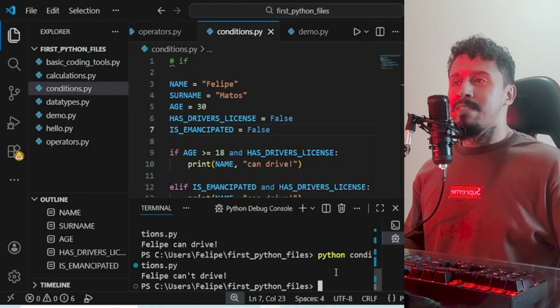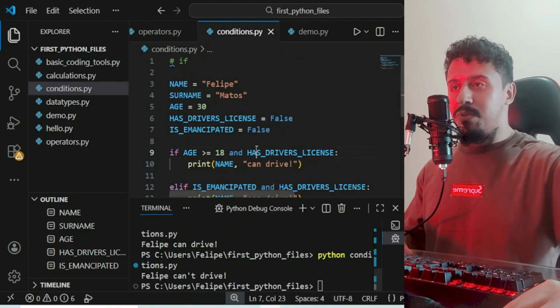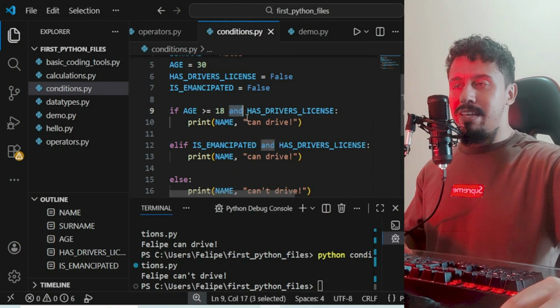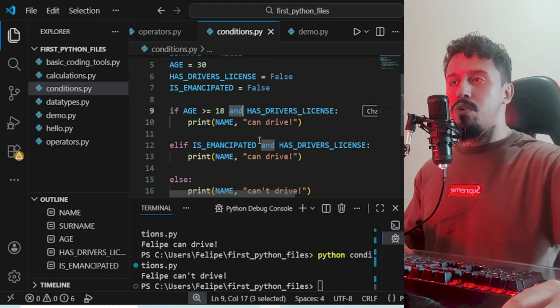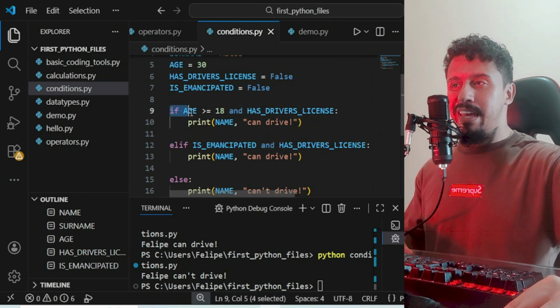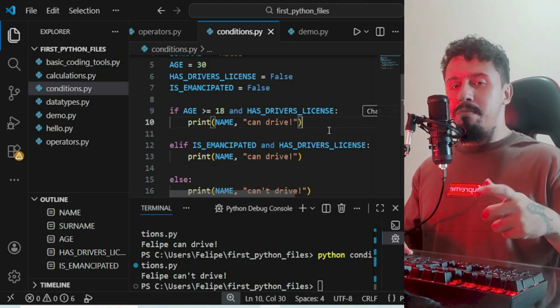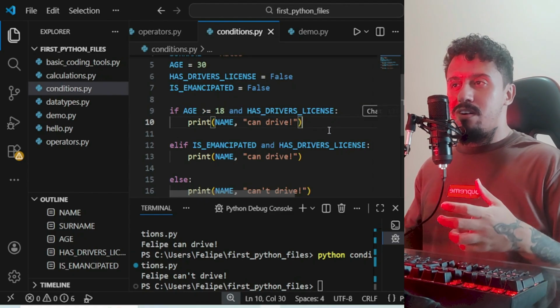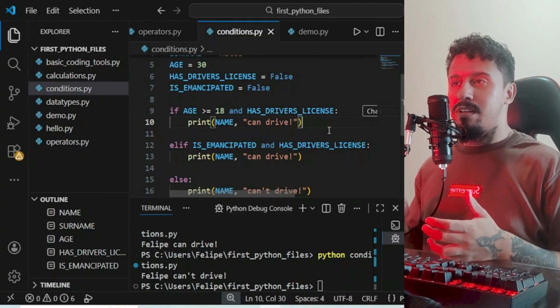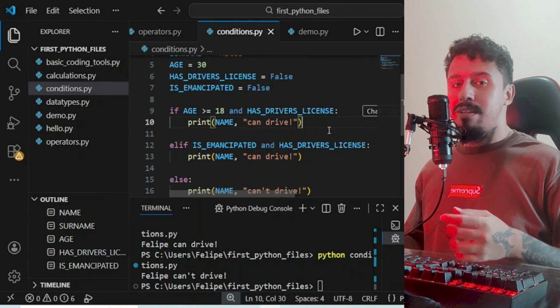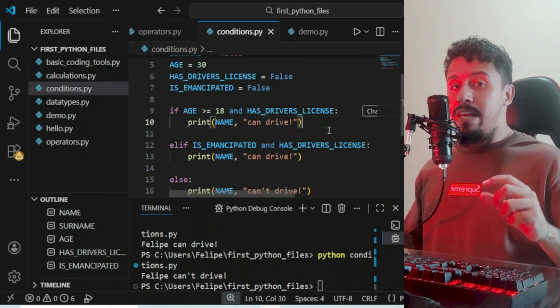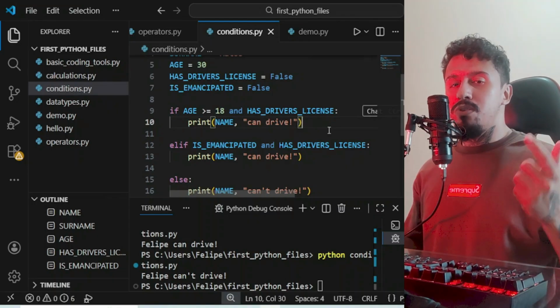Alright? So you can use the AND logical operator in your if statements to improve your comparisons, right? So you compare one thing and another. If both are true, you return true.